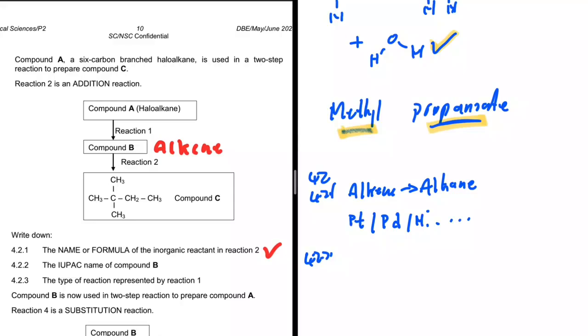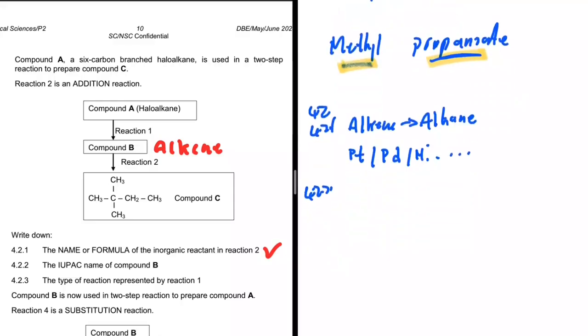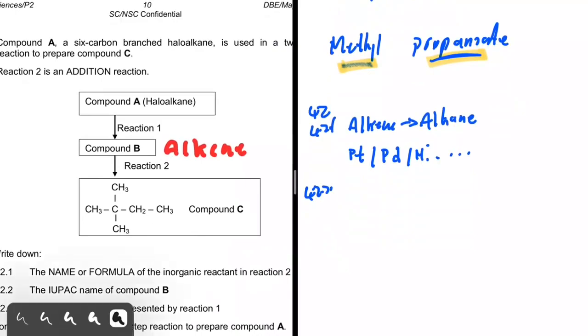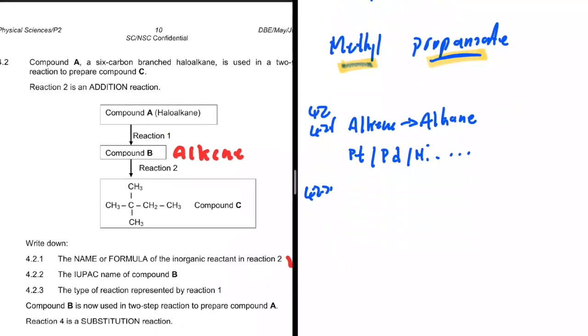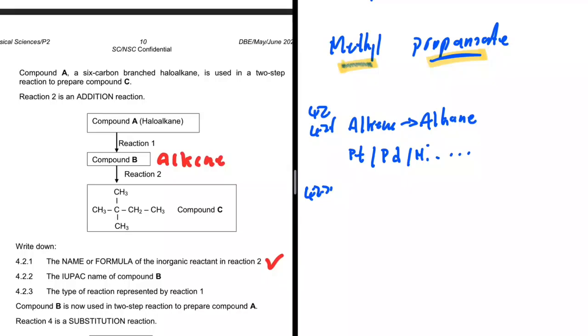So compound B is an alkene. Let's try sketching the alkene. We can try sketching the alkene using compound C. We're sort of removing 2 hydrogens there. So the question says the IUPAC name, but it's better to sketch before we actually name the compound, right? It becomes easier.